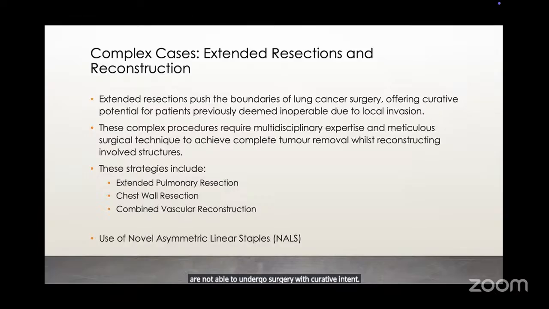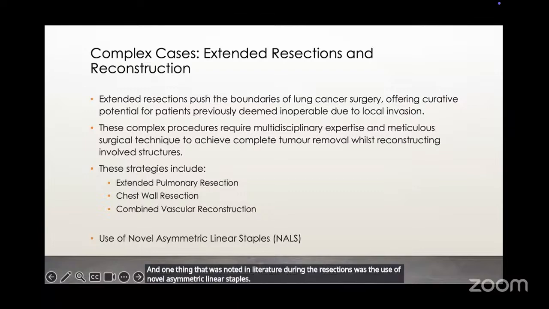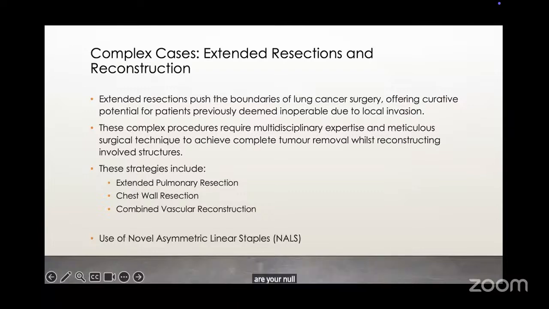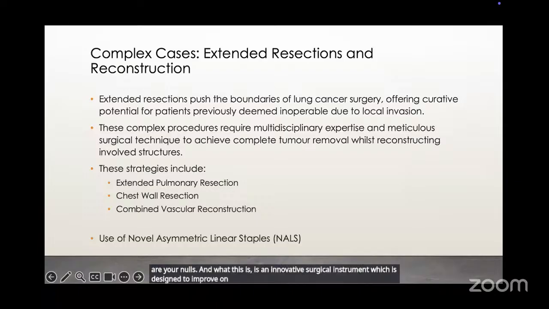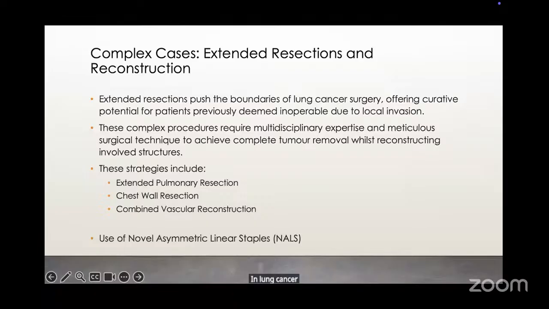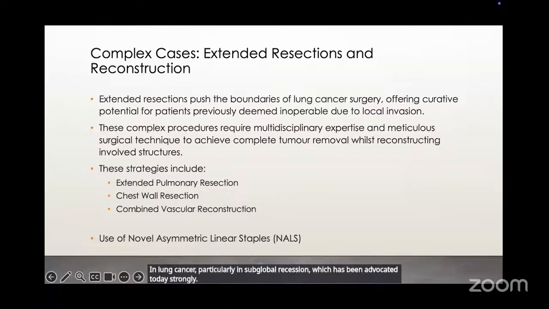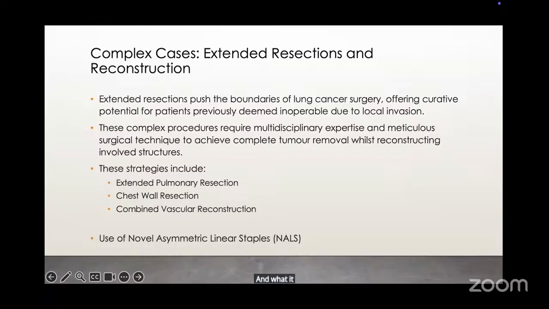And one thing that was noted in literature during the resections was the use of novel asymmetric linear staples, or your NALs. This is an innovative surgical instrument which is designed to improve oncologic outcomes in lung cancer, particularly in sublobar resection, which is being advocated strongly today. And what it does is address the limitations of the conventional staplers that we use at surgery.